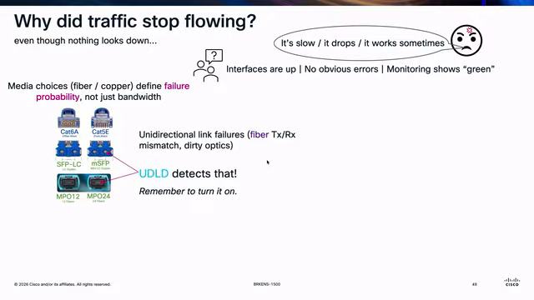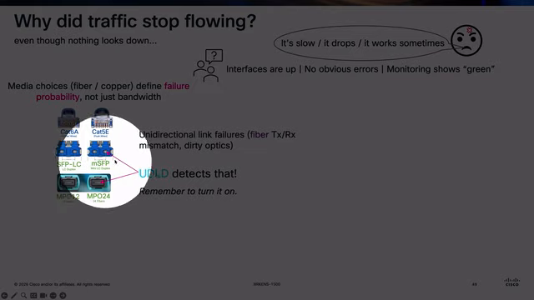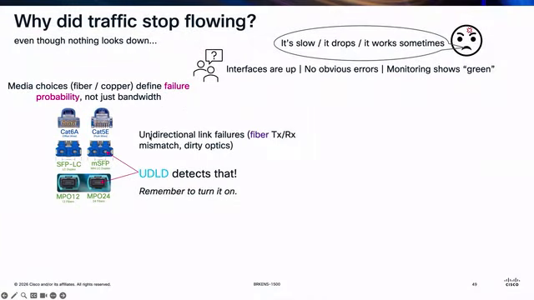It's really important to know what kind of media is interconnecting your users and the devices, because if you know that the devices are connected mainly through fiber optics, then you know that unidirectional link failures can occur. Even though everything appears to be okay, if you don't have unidirectional link detection, UDLD, turned on, you won't even know that there are TX, RX mismatches, and therefore some users may experience problems, slowness, drops, even though everything's green in your network.